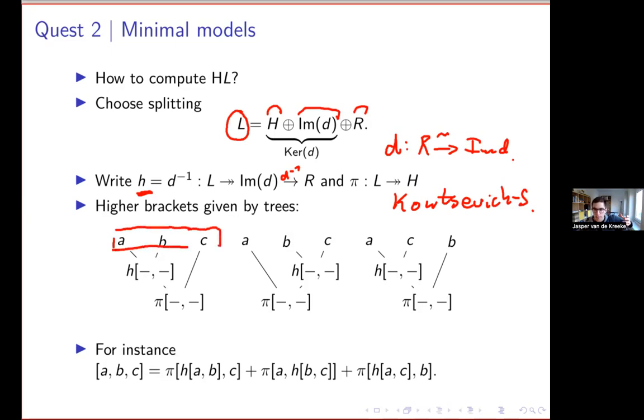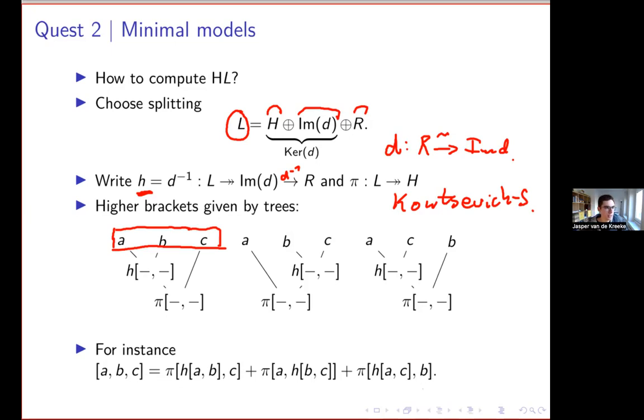So you want to compute a higher bracket of some sequence of elements. And you form all possible trees where at each internal node you put the bracket of L followed by the codifferential, and at the root you put the bracket of L followed by the projection to H. So H is our cohomology. And so you sum over all these kinds of trees. For example, if there are 3 inputs, then there are just these 3 trees which I've drawn. So the formula would read like this.